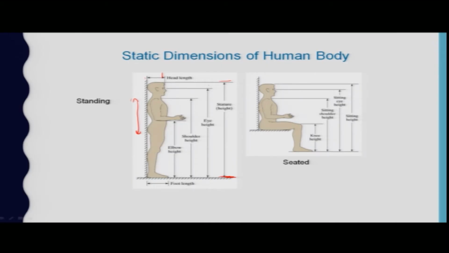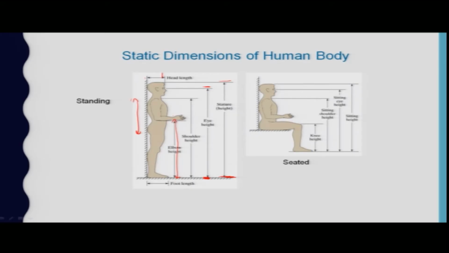In the same way, the eye height is measured as the vertical distance between the floor and the inner eye corner, with the subject standing as in the preceding. Shoulder height is measured as the vertical distance between the floor and the outer upper point of the shoulder blade with the subject standing as in the preceding.